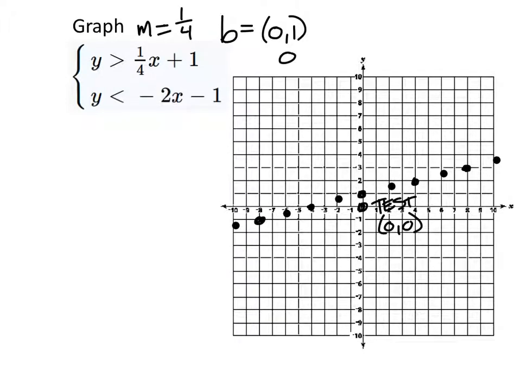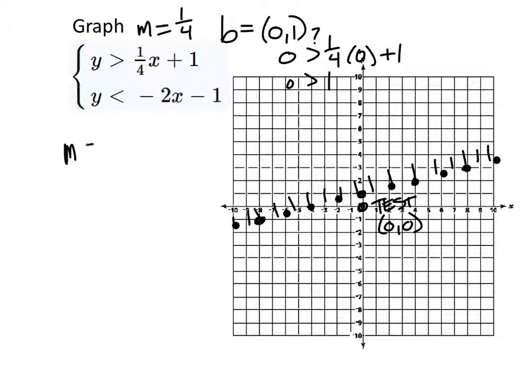So I've got 0 is greater than, question mark, 1/4 times 0 plus 1. So I have 0 is greater than 1. That's false. So on the test, again with one color, one pencil, one pen, I'm just going to kind of shade above it just so I can remember that that's the direction I'm going to be shading for that line. I don't really need to shade the whole thing yet because I haven't got the other line up there, right?